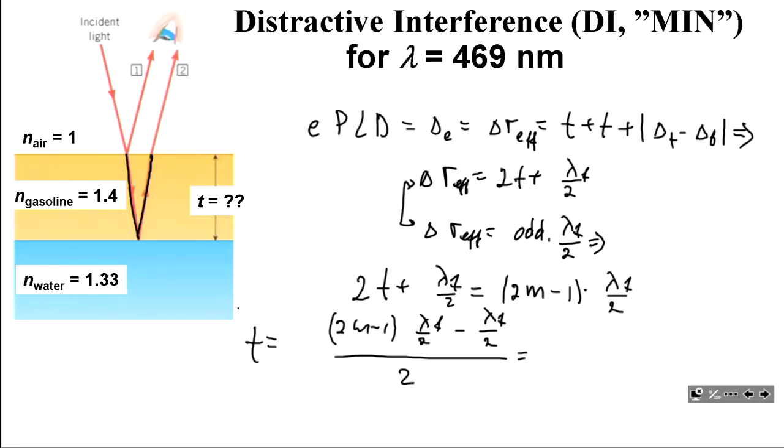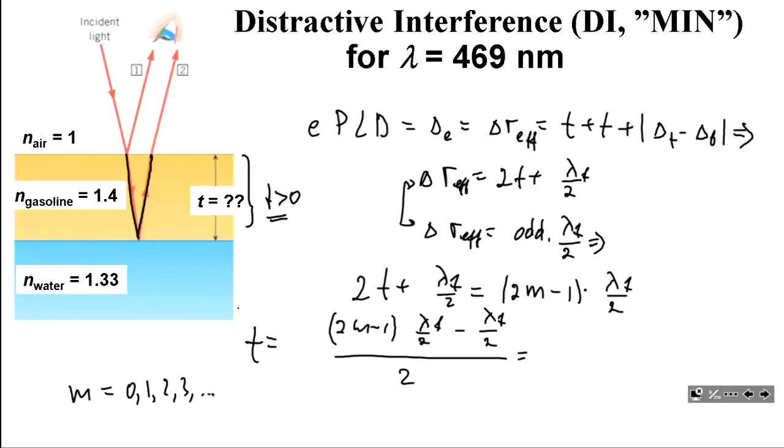And of course, different m's. In general, technically, this m could have any initial value, but only that makes sense which makes this thickness make sense. And in this situation, naturally, it has to be greater than 0.